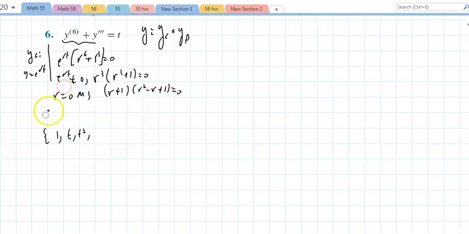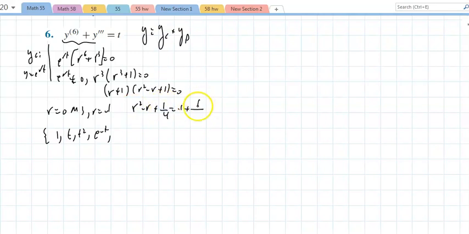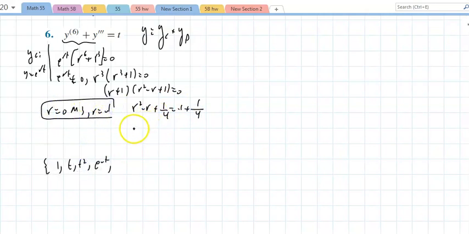So I have so far, okay, r equal 0 with multiplicity 3, and I have r equal negative 1, that gives e to the negative t, and this is going to be r squared minus r plus half of the middle number squared is 1/4. That would mean that I'm looking at r minus 1/2 squared equaling negative 3/4.